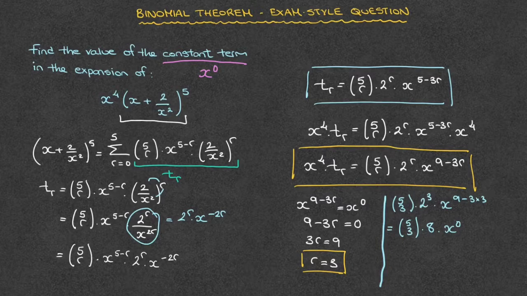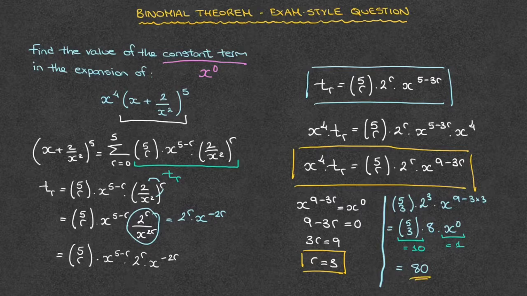Now, by all means check with the binomial coefficient formula, but the binomial coefficient (5 choose 3) is equal to 10, and as we said previously, x to the power of 0 is equal to 1. So the constant term is equal to 10 times 8 times 1, and that's equal to 80.